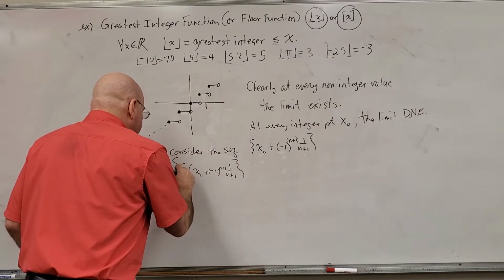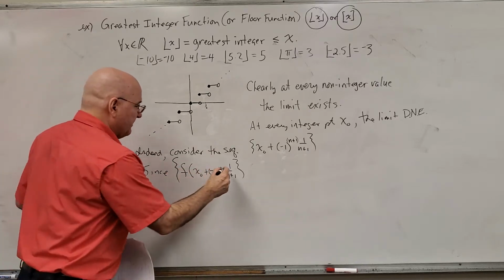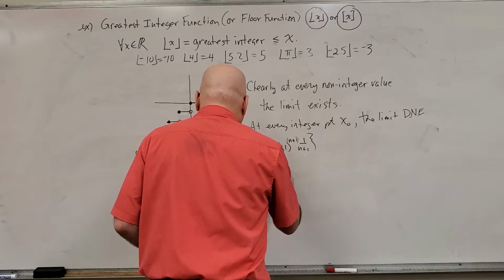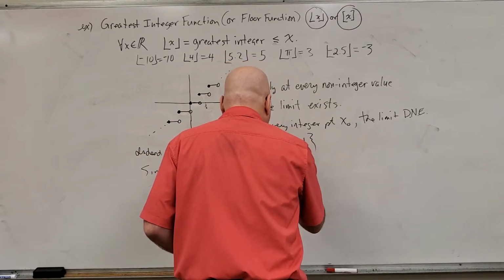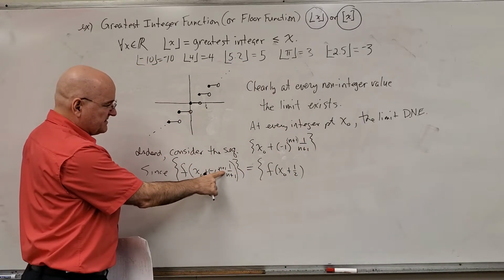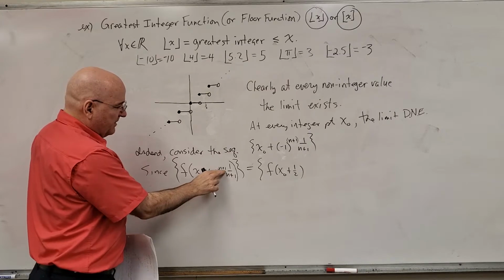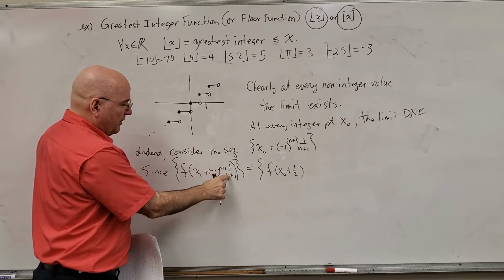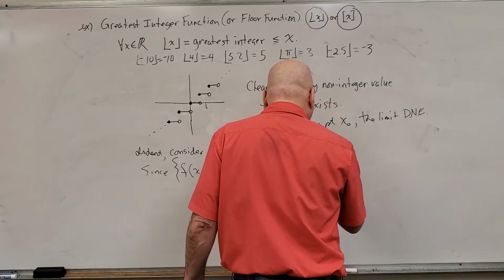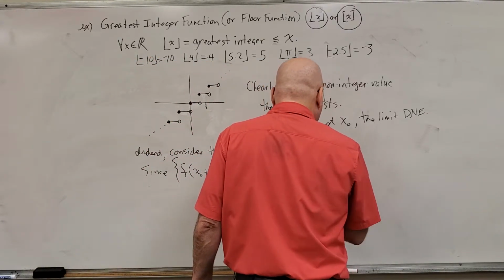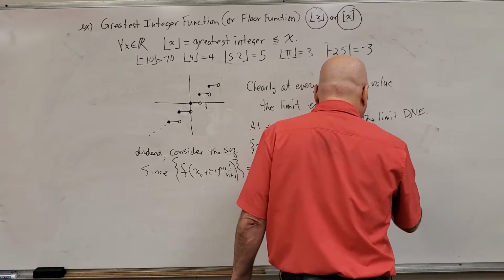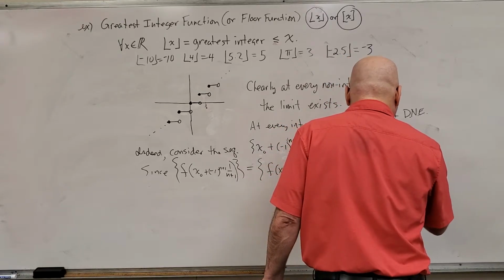So the sequence, when I take f of each one of them, let me write it out. The first one is going to be f of x0 plus 1/2. We already said that when n is 1, it's -1 to the 2, which is just 1. 1 over 1 plus 1 is plus 1/2. The second one is going to be f of x0 minus 1/3. And then f of x0 plus 1/4. One more: f of x0 minus 1/5.